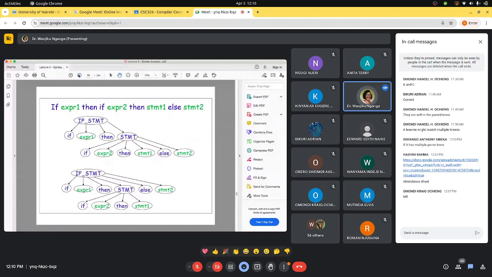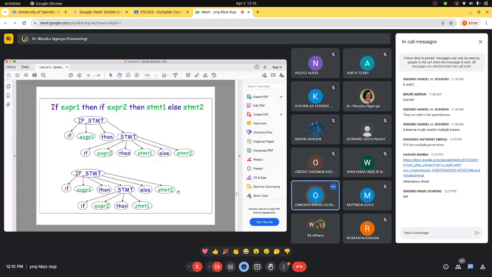Why are we saying the ambiguity in this case is undesirable? Anyone?